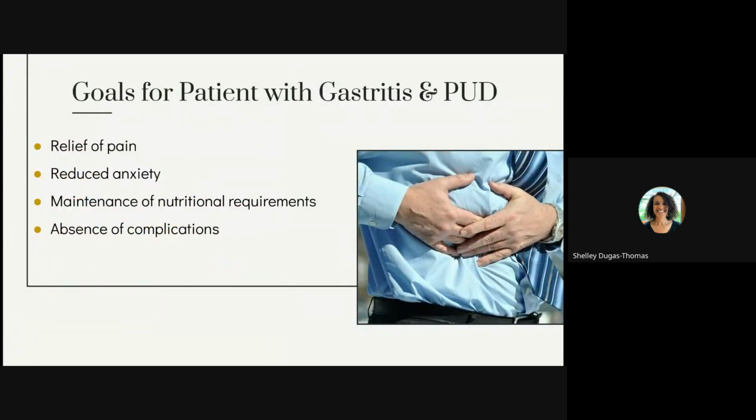So the goals for the patient with gastritis are usually to relieve pain, reduce anxiety, maintain nutritional requirements, and also to make sure you monitor for an absence of complications.